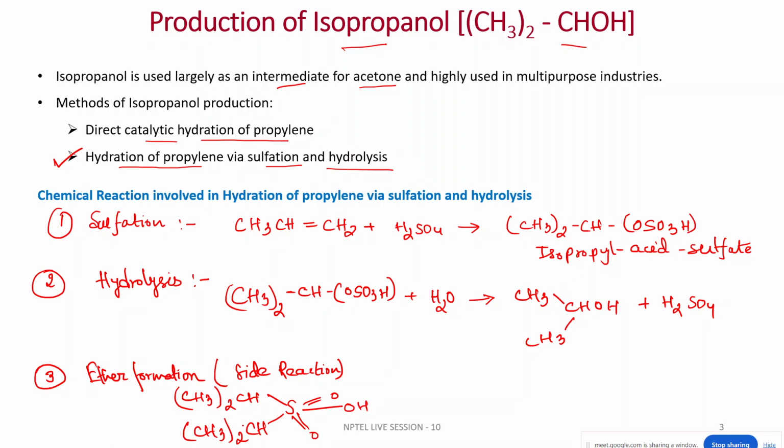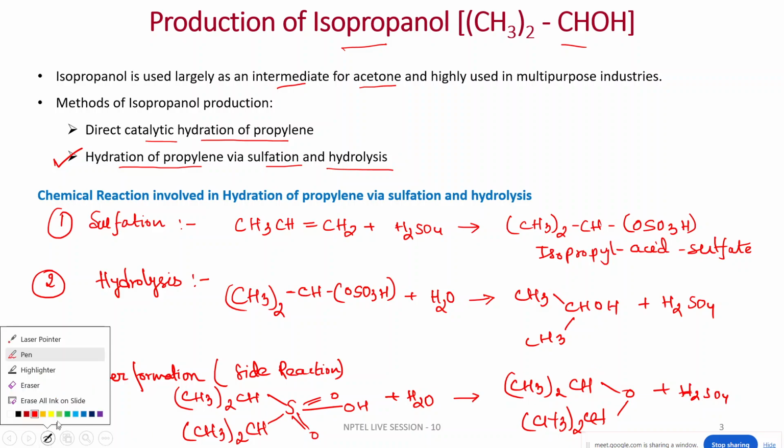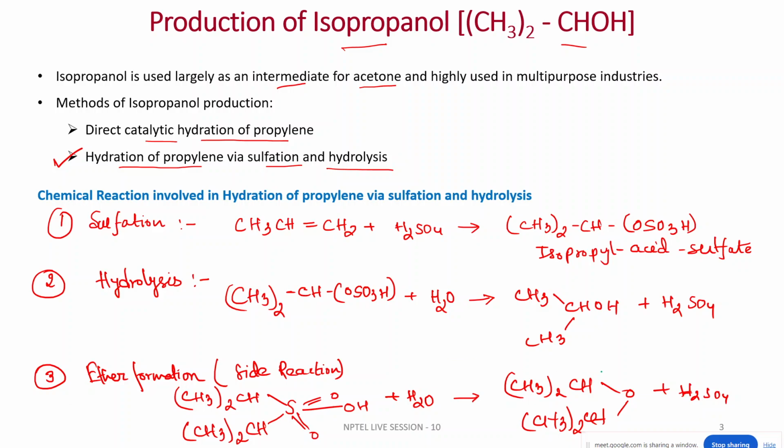It is also hydrolyzed and forms ether, and H2SO4 is also reproduced.